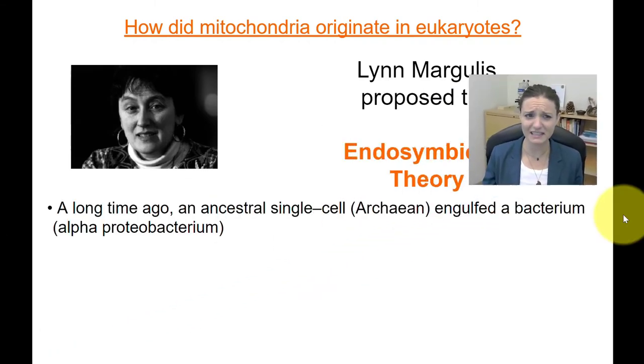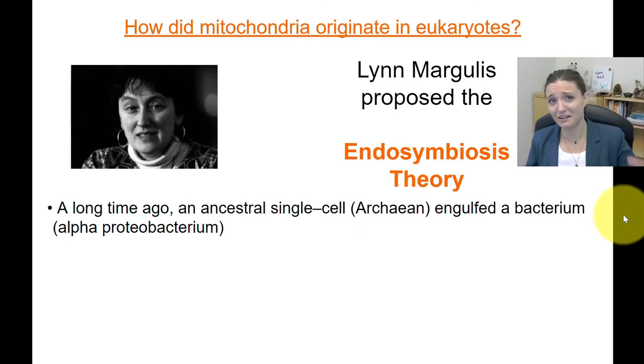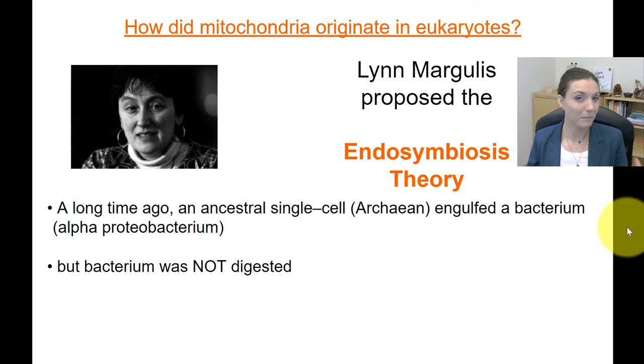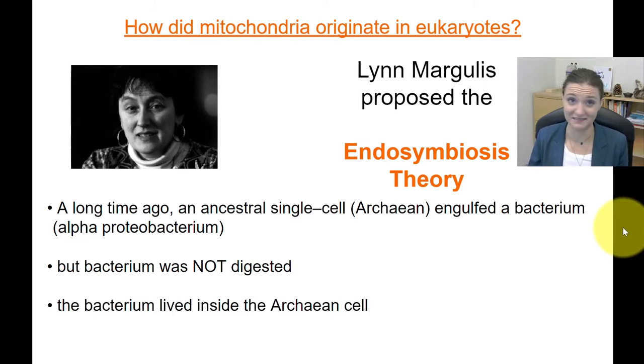Okay, so basically the idea is that a long time ago, an archaean cell would have engulfed a bacterium cell. We think something related to what we know today as an alpha proteobacterium. But for some reason, I'm not sure why, that bacterium was not digested. It remained to live inside of that archaean cell. So it just came to live inside, endosymbiosis, inside living is basically what that means.